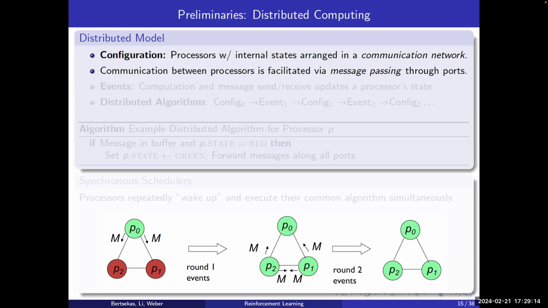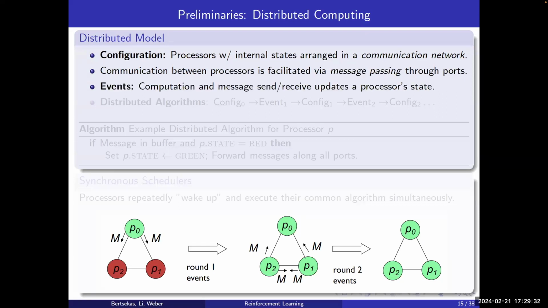Communication between processors is facilitated via message passing along ports. So a processor can communicate with a neighboring processor in the communication network simply by sending a message along these channels, which we call ports.